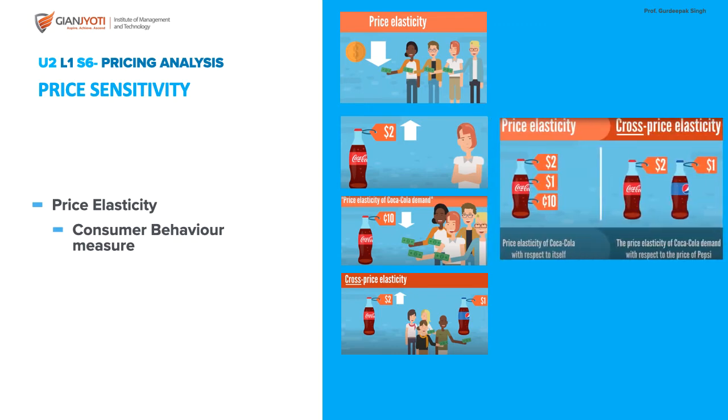So when we are talking about price elasticity of Coca-Cola with respect to itself, we just refer to that as price elasticity. When we are comparing the price elasticity of Coca-Cola demand with respect to the price of Pepsi, we call that cross price elasticity.